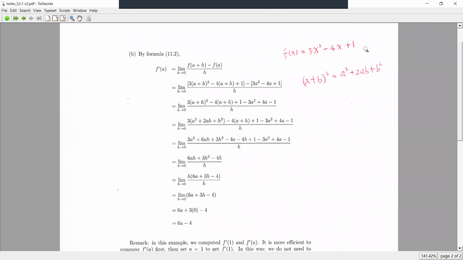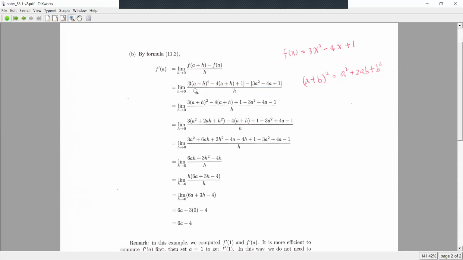Function is here. Replace all the x by a plus h. Then function at a plus h is this expression. Function value at a. Replace all the x by a. Then function value at a is this expression.